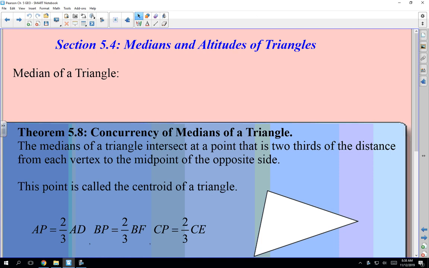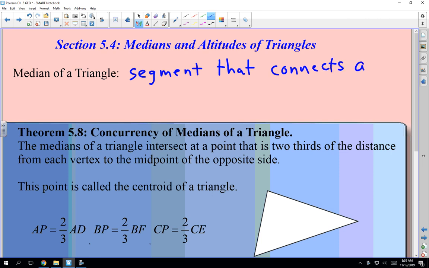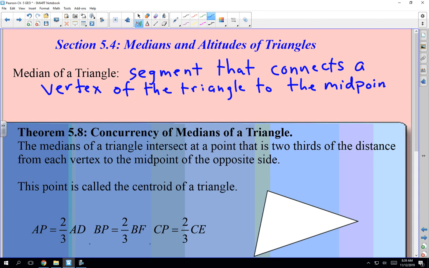A median of a triangle is a segment that connects a vertex of the triangle to the midpoint of the side opposite it. So you just have to find the midpoint.